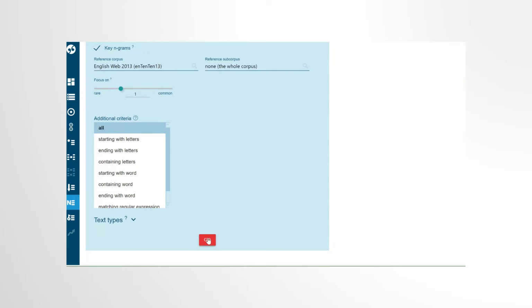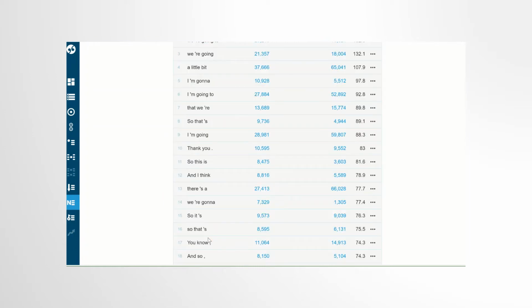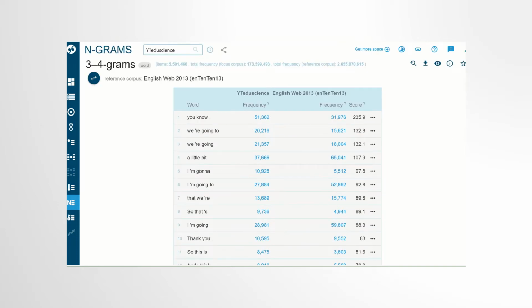So let's have a look at what this will give us. Again, basically it just needs to retrieve this from memory because I already did the calculation a few days ago.